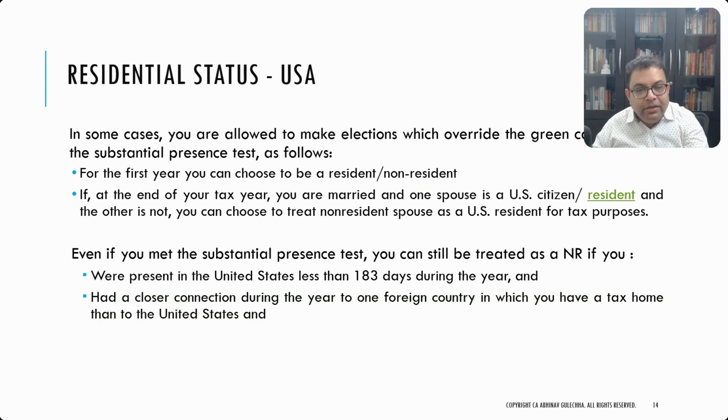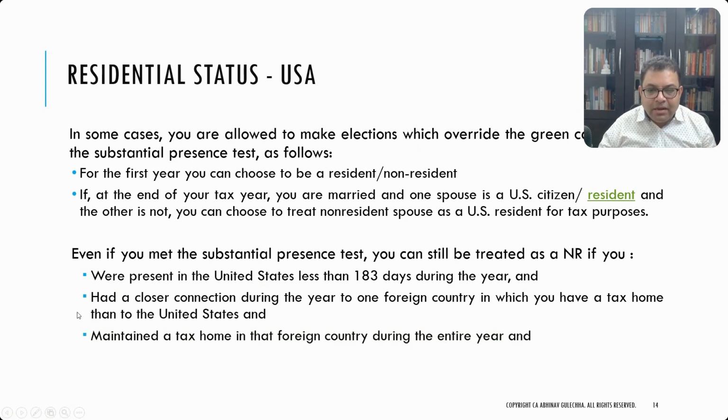For example, you are an Indian who went to the US. You were living in the US. You cleared the substantial presence test. However, your tax home is in India. So basically your permanent home is in India, which is the closer connection test. Then that is one thing where you can still be treated as a NR.